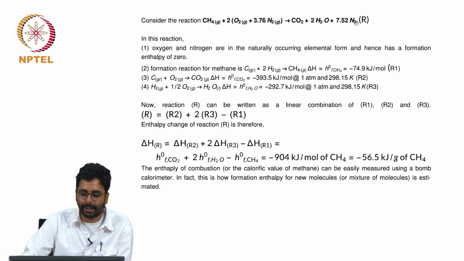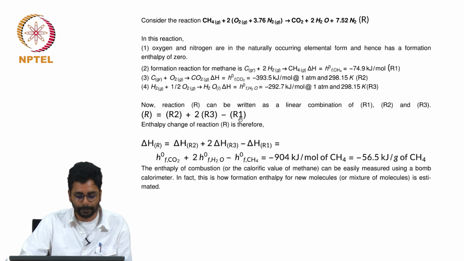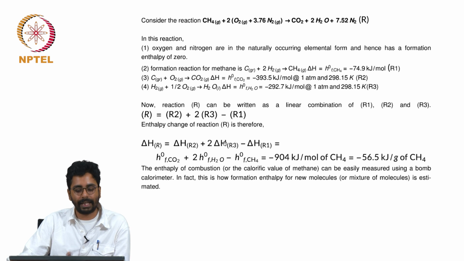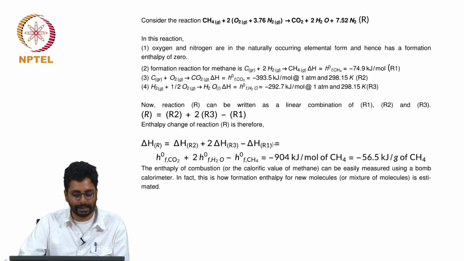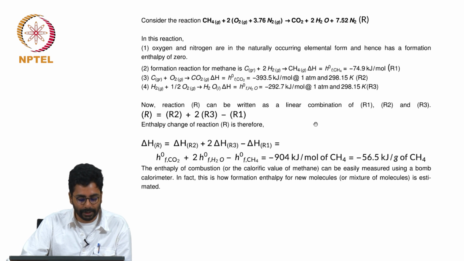So the reaction R is reaction 2 plus twice reaction 3 minus reaction 1. Therefore, the enthalpy change for the reaction R is the enthalpy change for reaction 2 plus twice the enthalpy change for reaction 3 minus the enthalpy change for the reaction 1, basic ideas from energy conservation and thermodynamics.